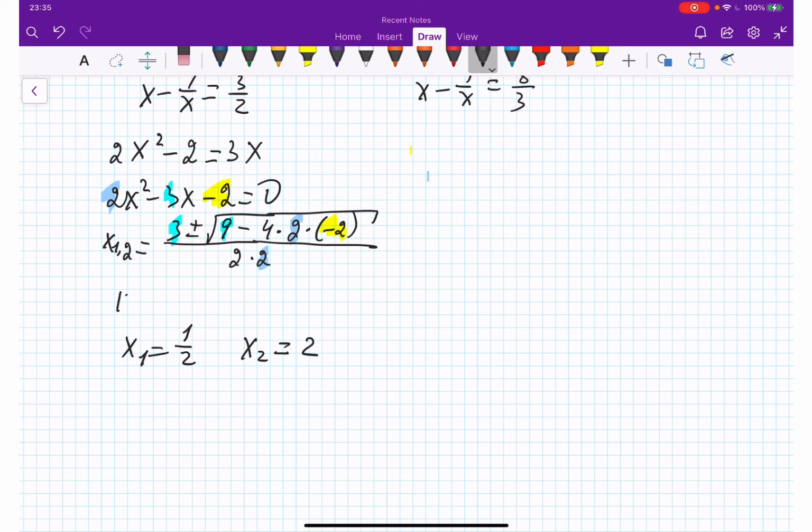Okay, x12 is equal 3 plus minus. We have what? 9 plus, because we have c negative 2, so plus 16 over 4. Pretty easy, pretty good.